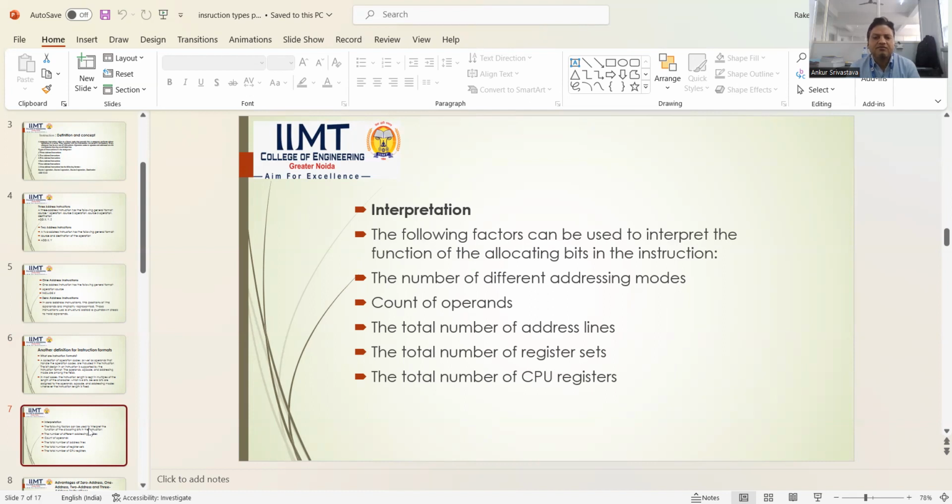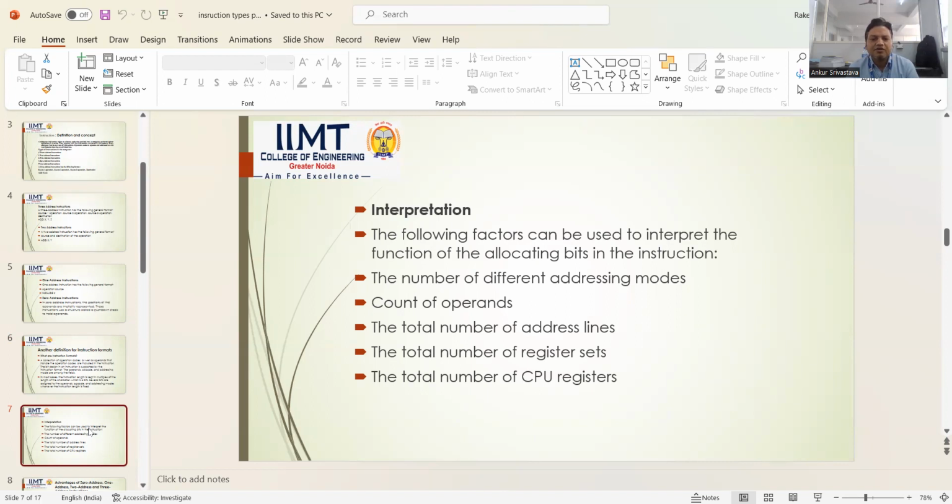As I have told, various types of addressing modes are used, like register addressing mode, indirect addressing mode, and direct addressing mode. Next is count of operands, that is, how many operands you are using to conduct the instructions given by the CPU. Then the total number of address lines, the total number of register sets, and the total number of CPU registers.